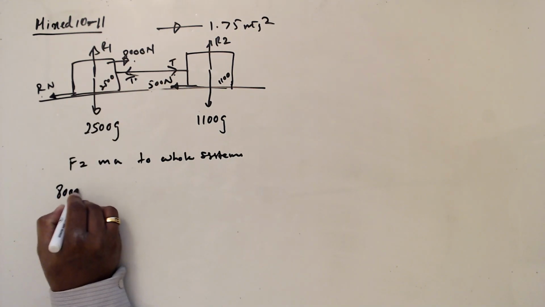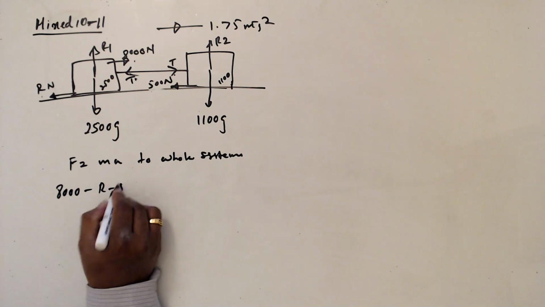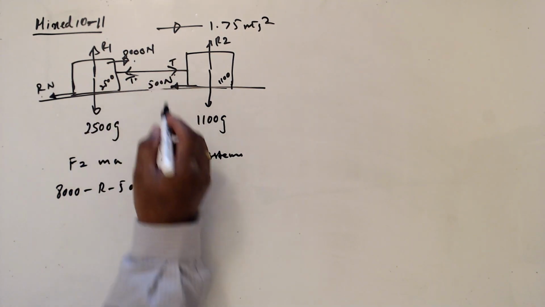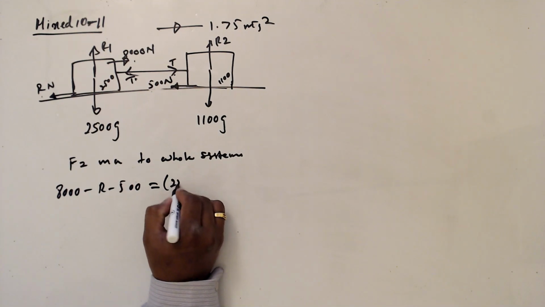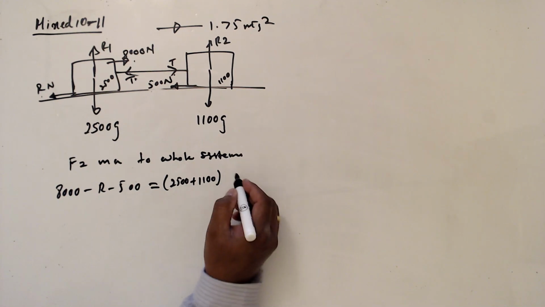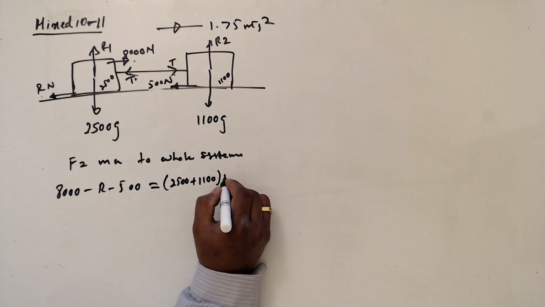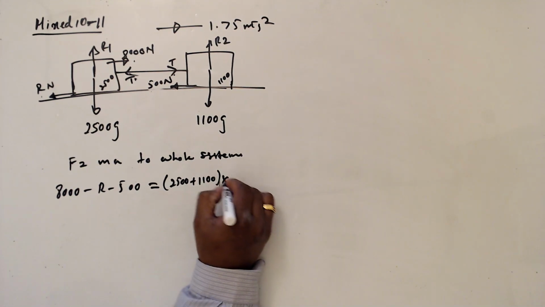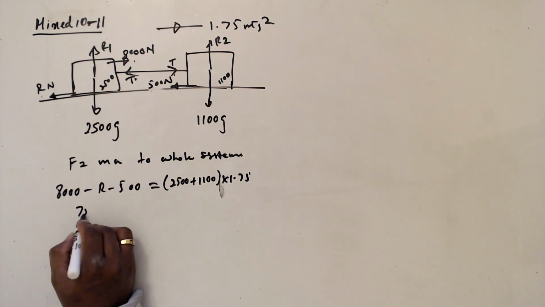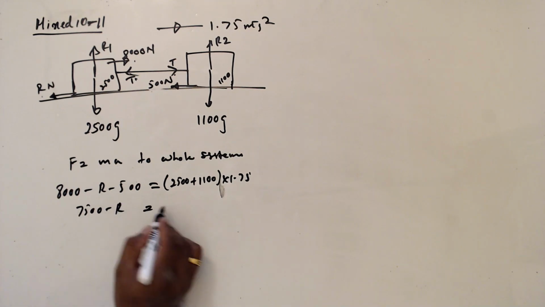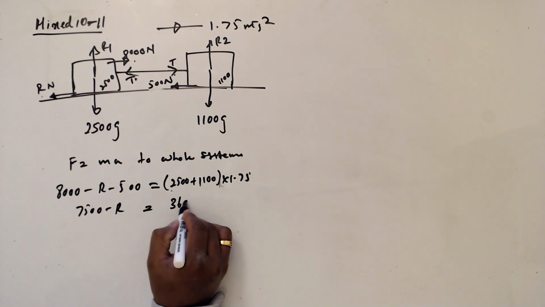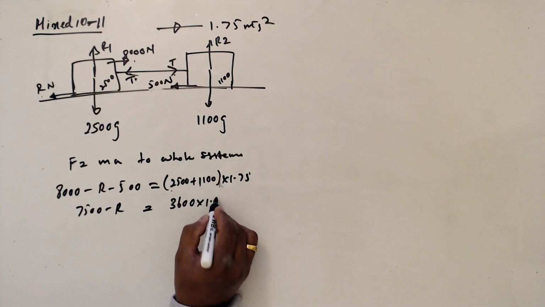So 8,000 minus R minus 500 equals the total mass, 2,500 plus 1,100, times a, which is 1.75.